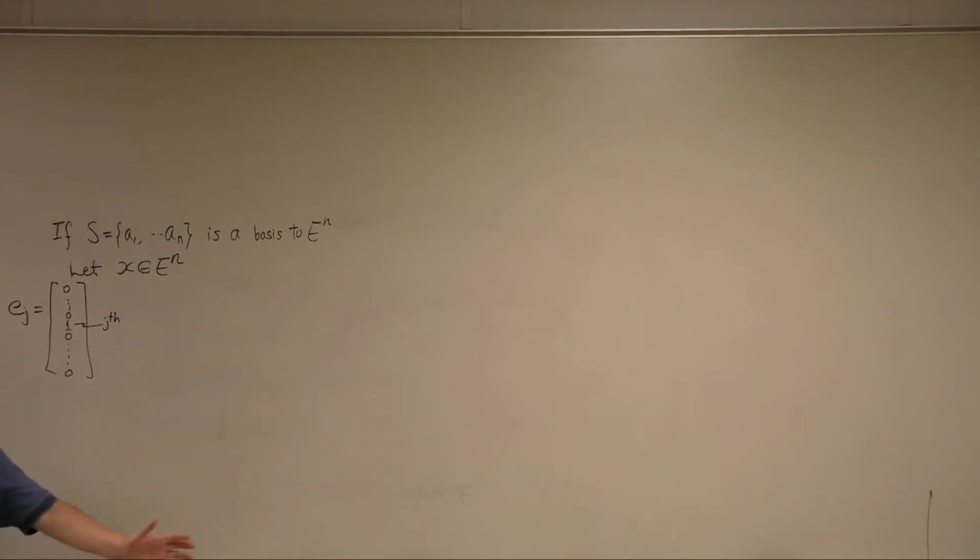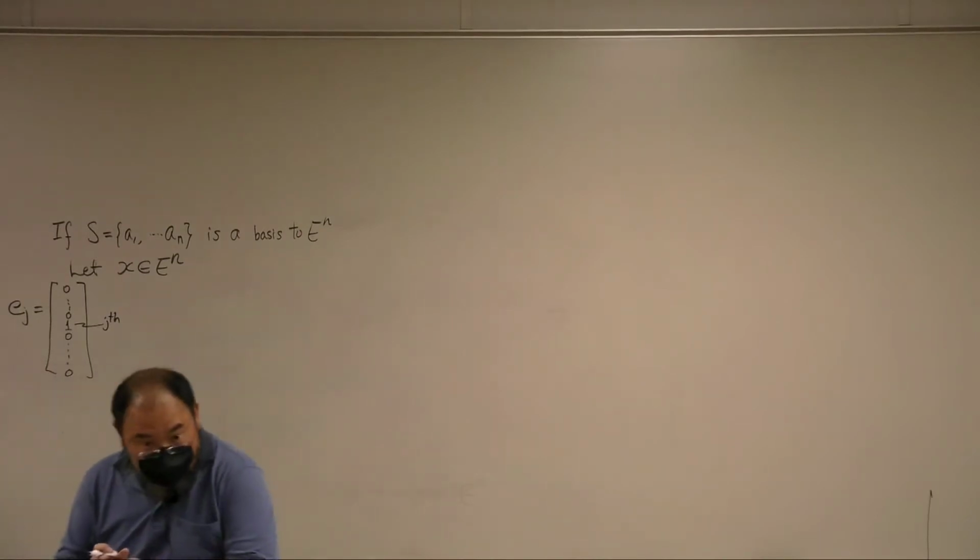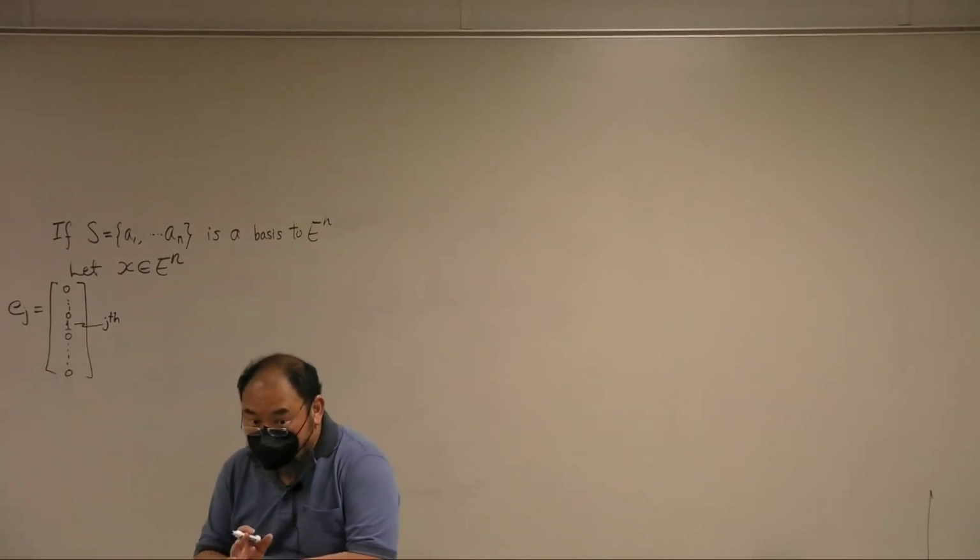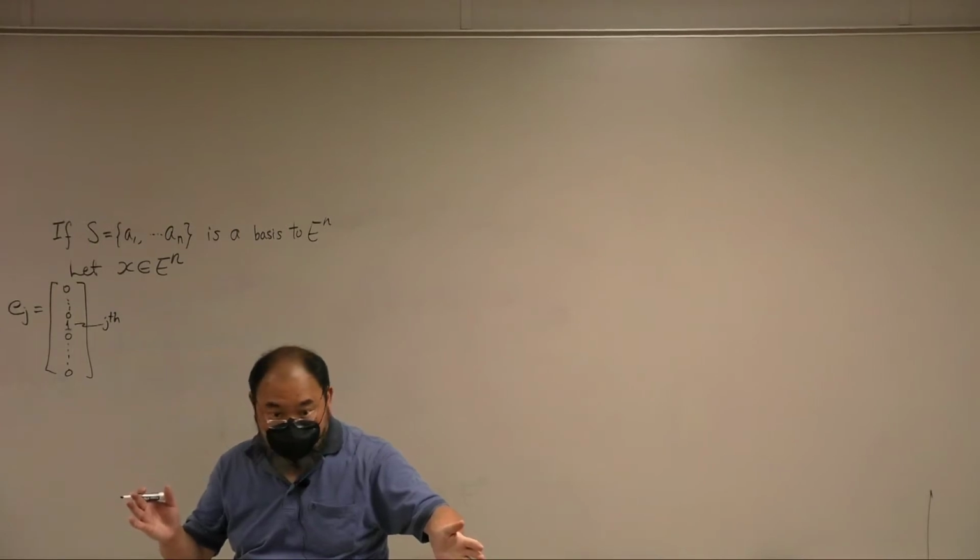But we may not have a Cartesian system. Cartesian system is a special case of n-dimensional Euclidean space. We can have arbitrary 3 linearly independent vectors to span the 3-dimensional space, correct?